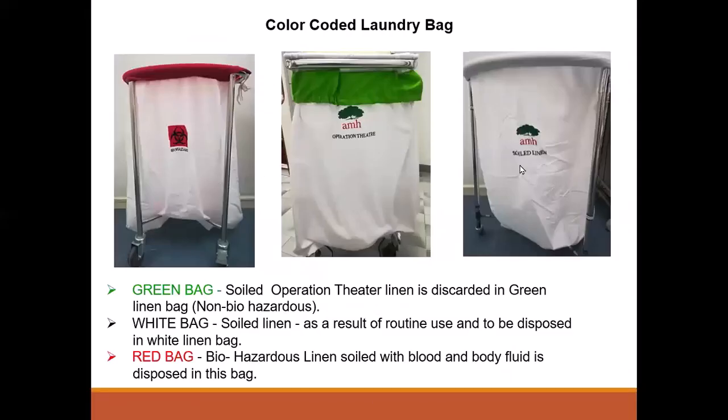And for the color-coded laundry bag, this is implemented in Manama, but in coming days it will be implemented here also. So red is for biohazard and green bag is for theater. And this is for used dry linen. Okay.